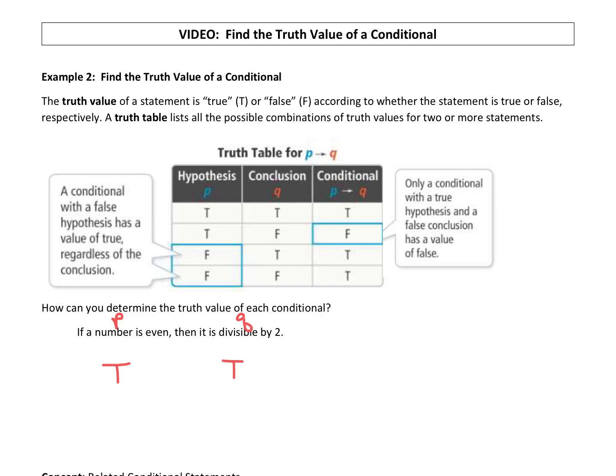True. So if we have a true hypothesis and a true conclusion, will our conditional statement, if P then Q, be true? Yes, it is. So this conditional statement is a true statement.